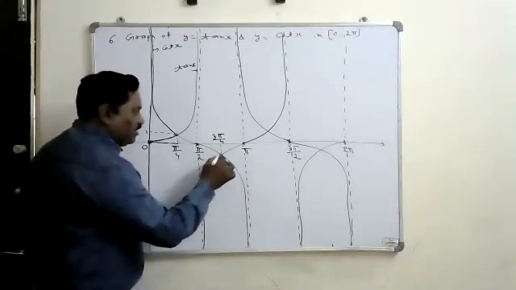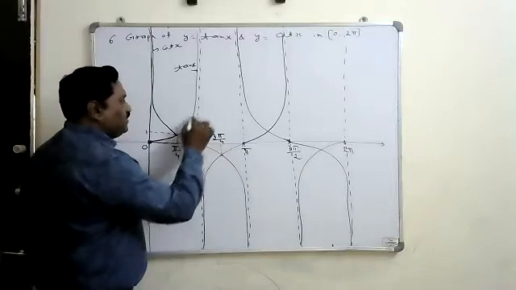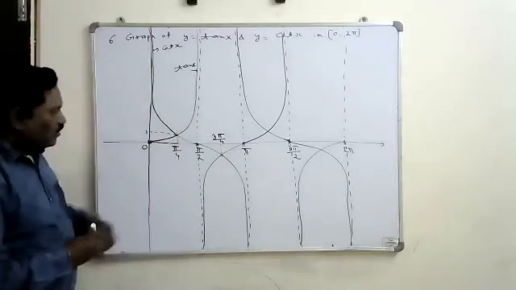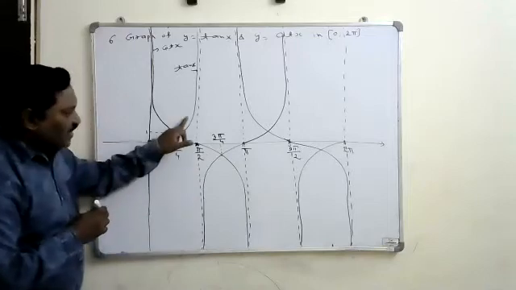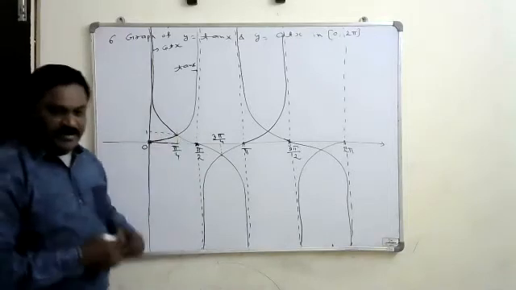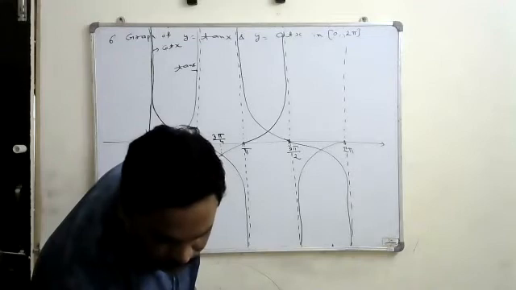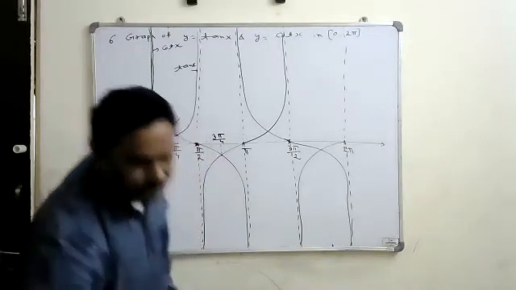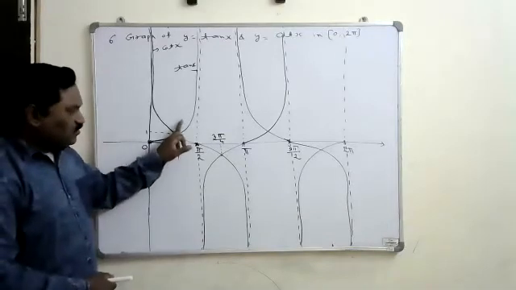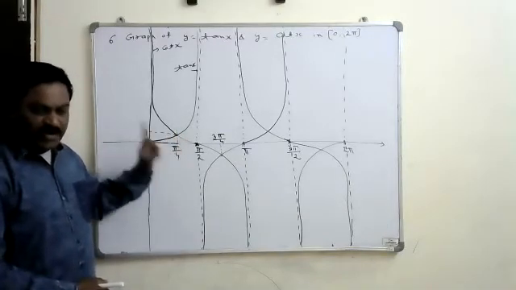So up to here, if you observe, this is the tan x. So up to pi by 2 if I consider, tan x is bigger than cot x.